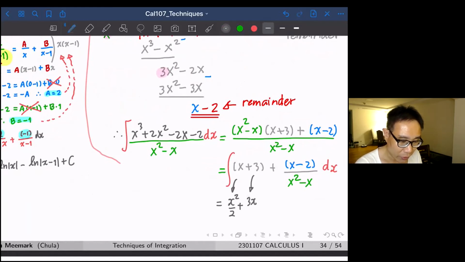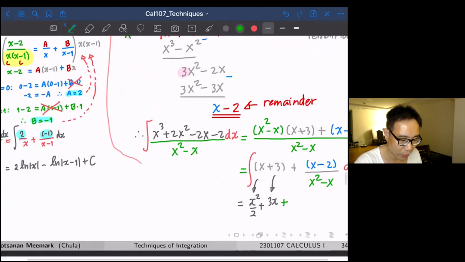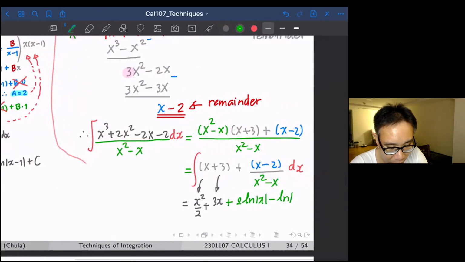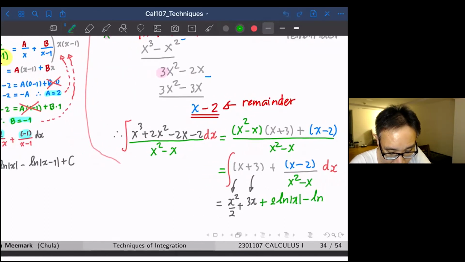And you integrate (x minus 2) over (x squared minus x), which is just 2 log absolute x minus log absolute x minus 1 plus c. So this is the final answer.